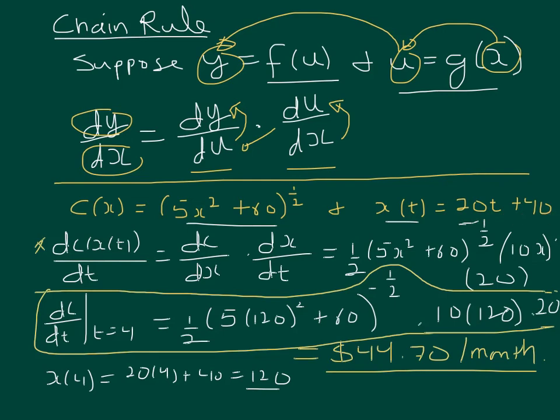And then the last step, we found the value of x at time equals 4, because that's what the problem was, and then we plug in this value of x here to get the rate of change of cost with respect to time after 4 months of production.